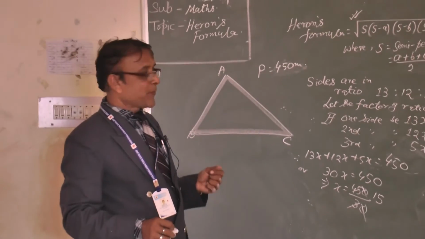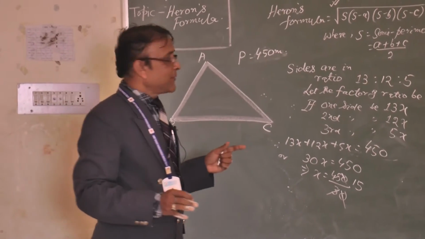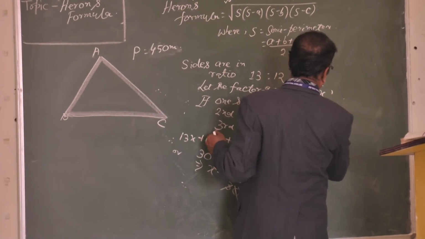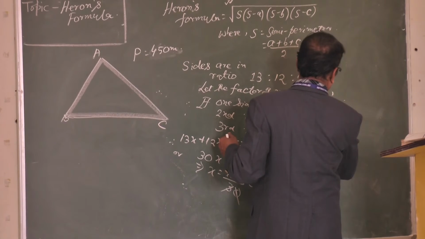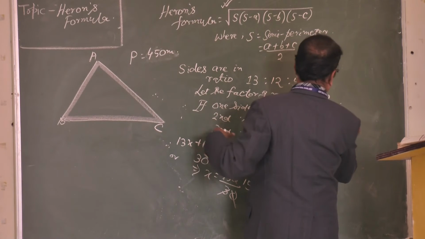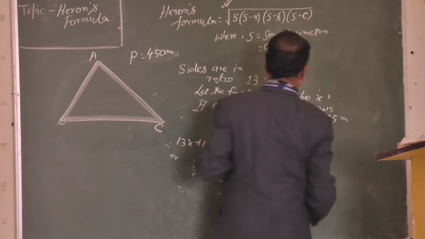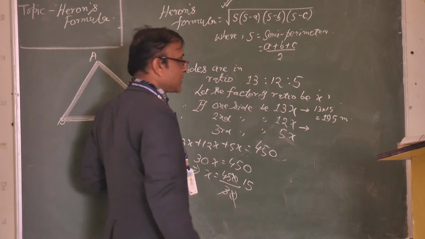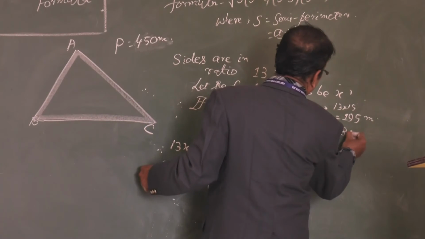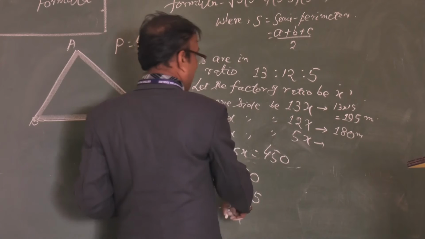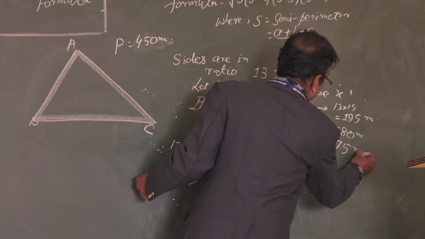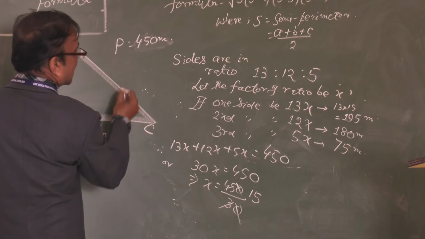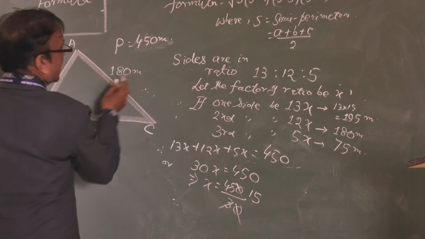After getting the x value, we can get the exact length of every side. 13 into x, means 13 into 15, that is equal to 195 meter. And this side is 12 into x, means 12 into 15, that is equal to 180 meter. Here 15 into 5 is equal to 75 meter. So we got one side 195 meter, another 180 meter, and the third 75 meter.